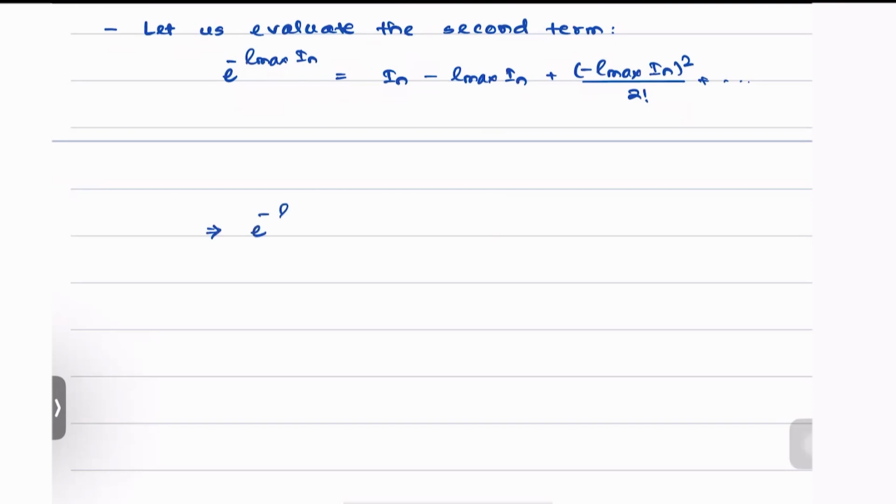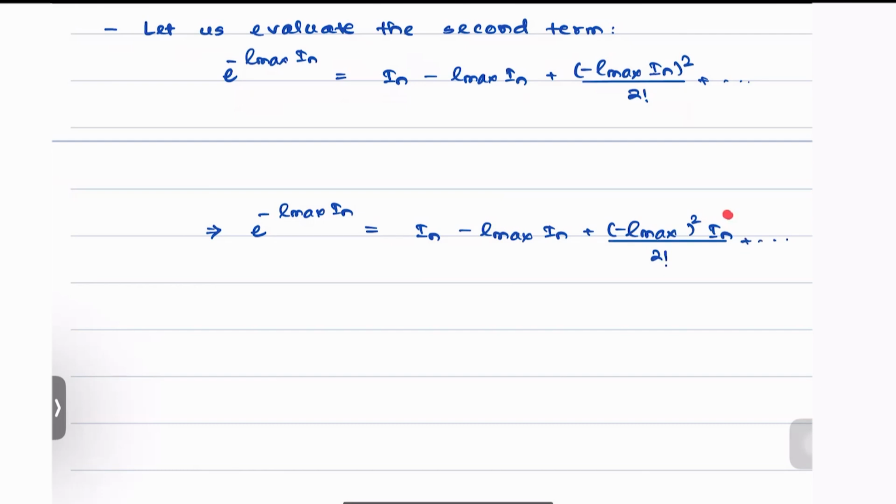This becomes equal to In minus L max times In. Now In squared is nothing but In again. Hence, we can write this as plus L max squared times In. Again, for every other term with higher powers, In to the power k is simply equal to In.